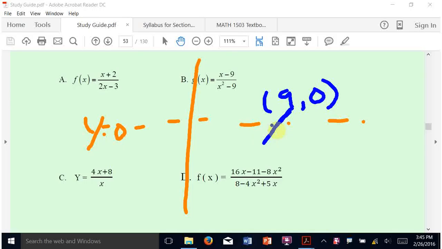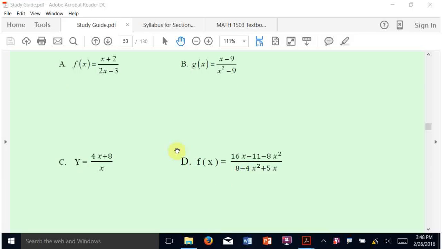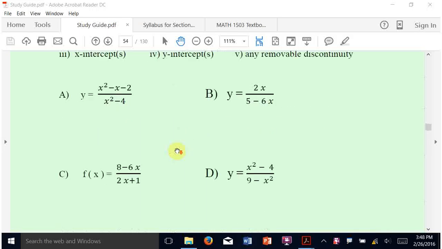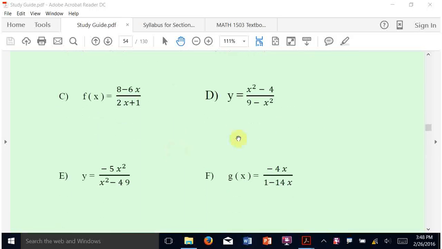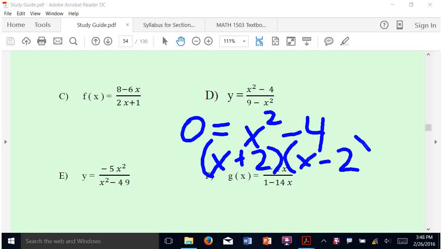Okay, let's look at another example where you have multiple x-intercepts. In this one, you set y equal to 0, and then you only really have to worry about your numerator, and you get x plus 2, x minus 2.